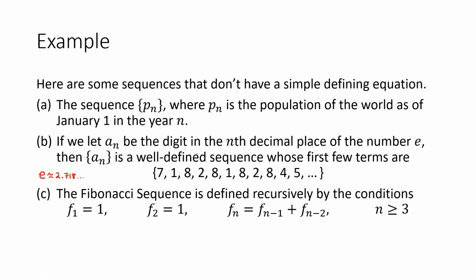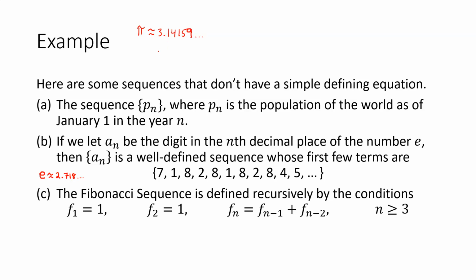So you see that itself is a sequence. You can also do the same thing with, say, any irrational number, like pi, for instance. You can do the same thing, and so on.